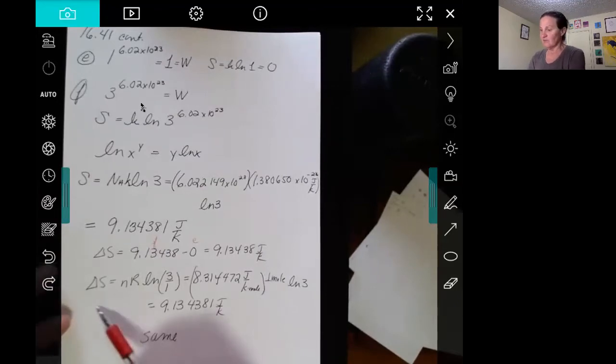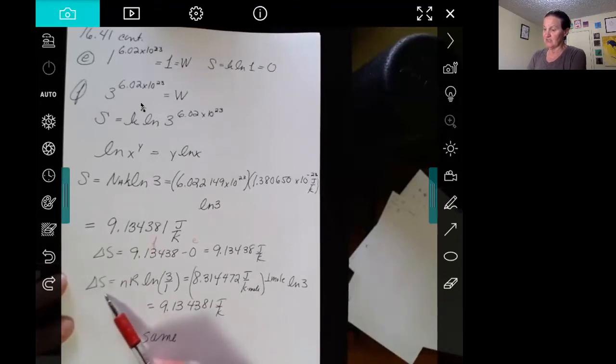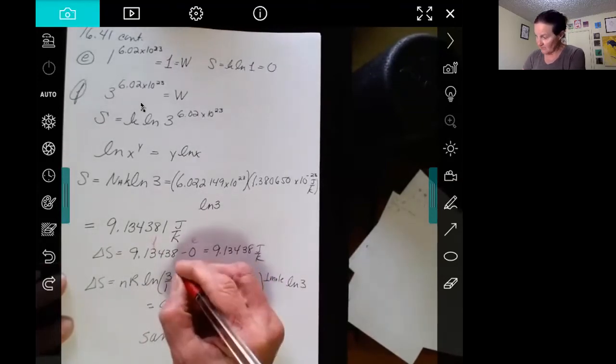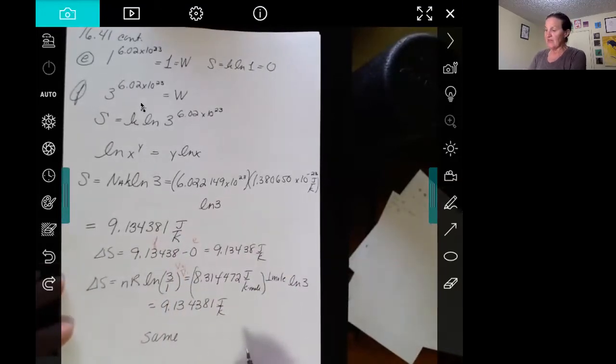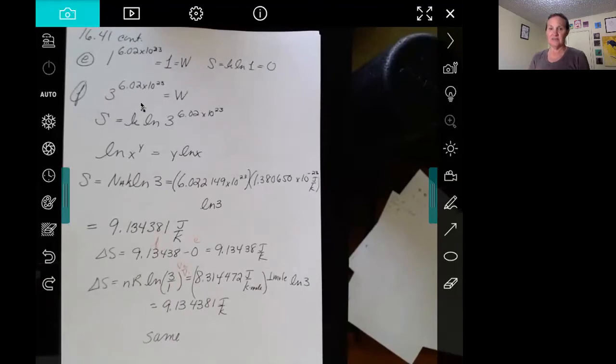So there's also a formula that says delta S changes when you change volume by this formula: number of moles times the gas constant times the natural log of volume 2 over volume 1. If A, B, and C are all the same size, then you add them together and you get 3 times any one of their volumes. So the ratio of volume 2 to volume 1 is 3 to 1.